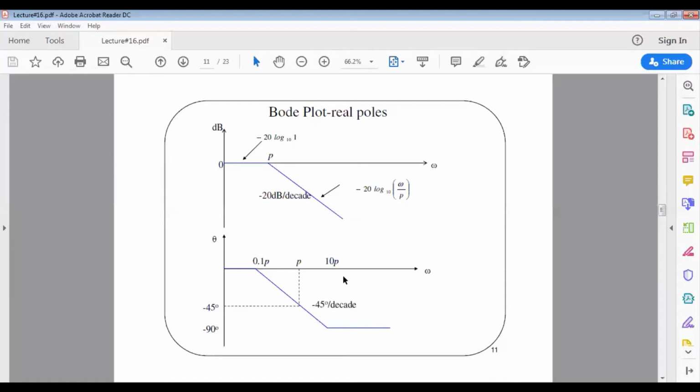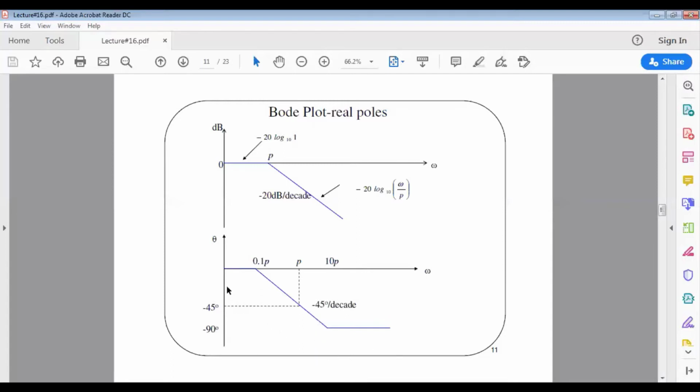So it can be noted that for one decade lower, so we have P here, the pole value, which is at 0.1 P, the angle will be 0 degrees. And for one decade higher, which is at 10 P, the angle will be negative 90 degrees.